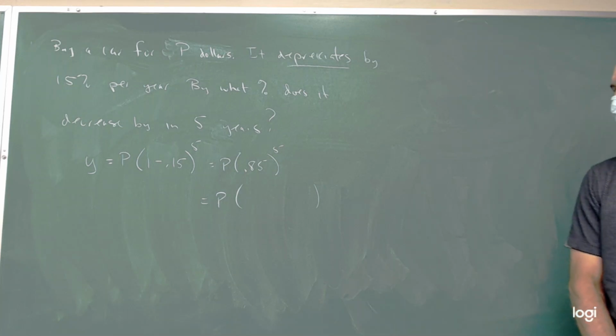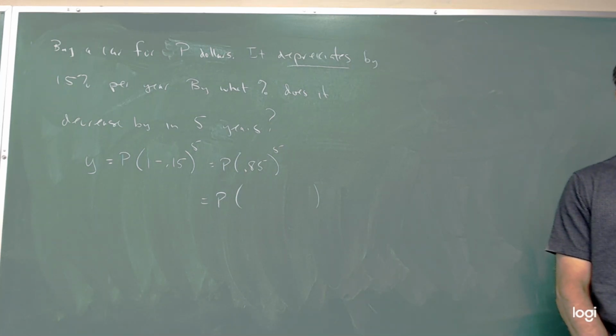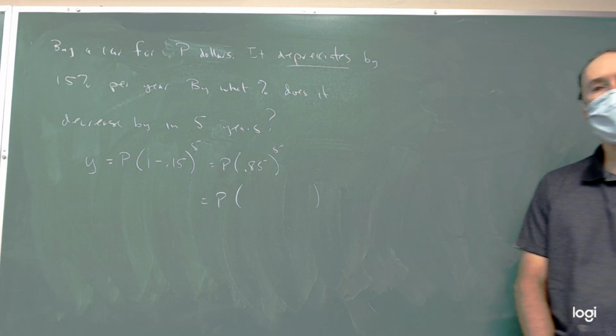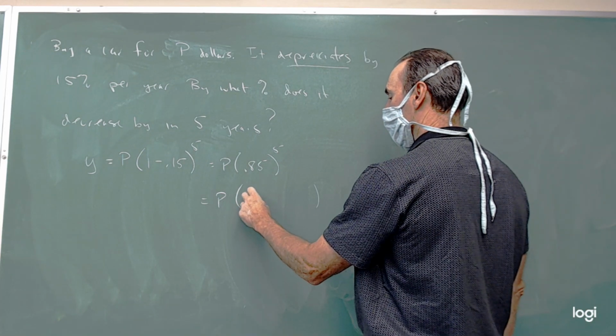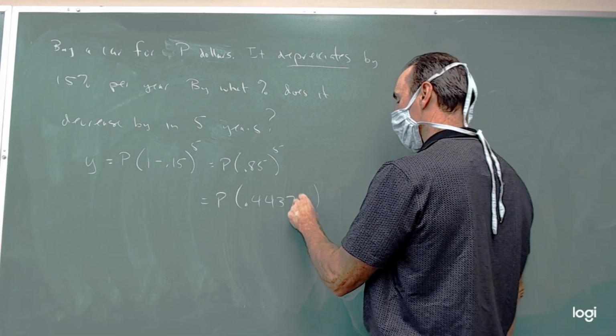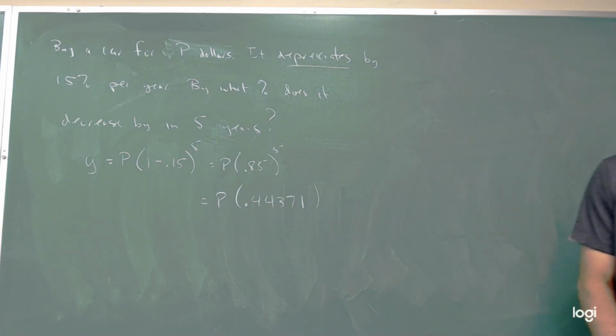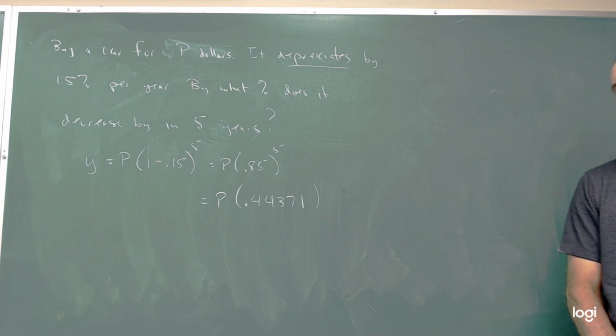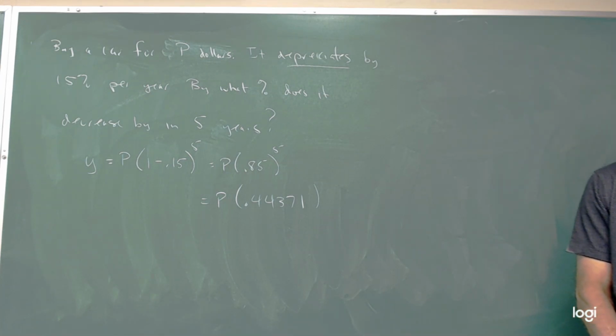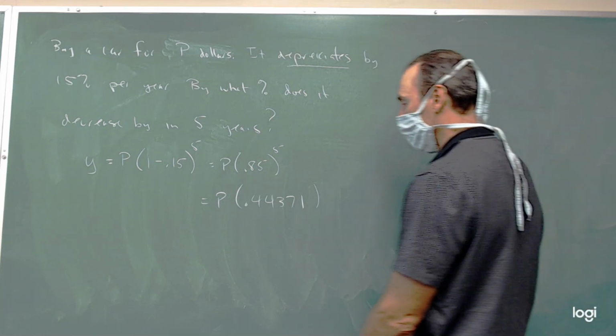So we're taking 0.85 to the fifth? And can somebody tell me, we got to like 5 decimal places? 0.44371. So how do we get from there to the percent it decreased by in those 5 years? Subtract 1. Subtract 1 from that.